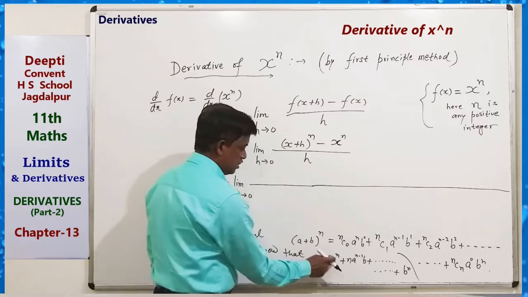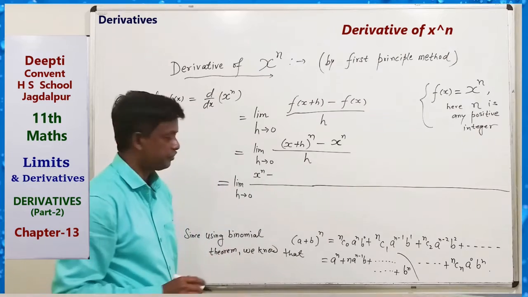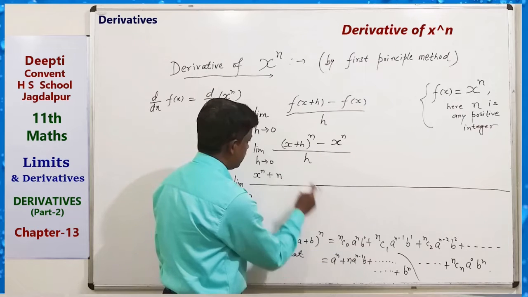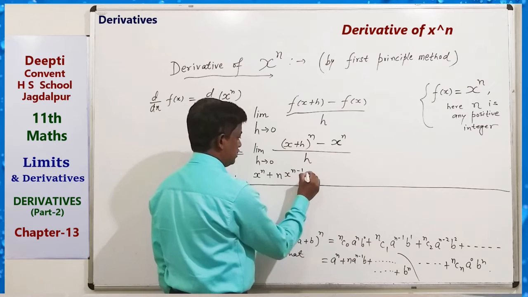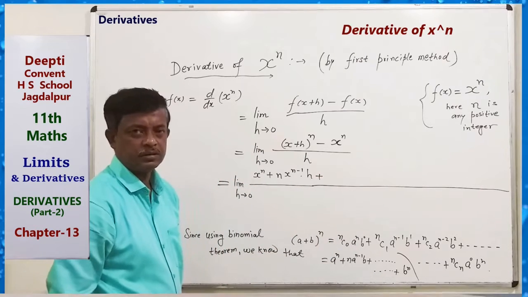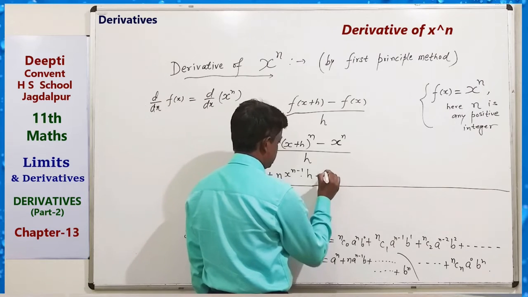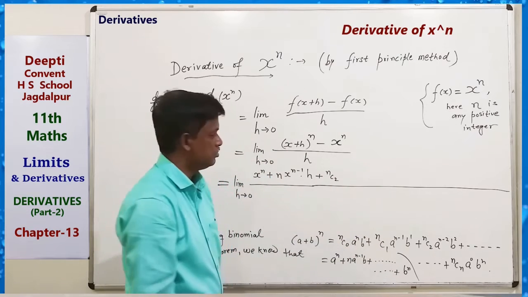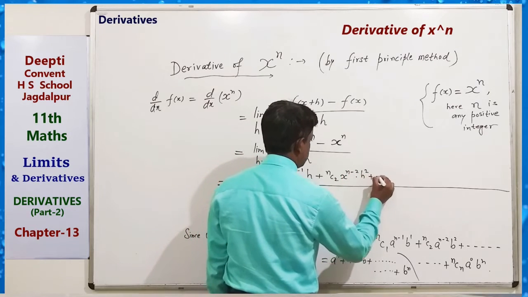So first a to the power n; a means x, so x to the power n, plus n x to the power n minus 1 h, plus nC2 x to the power n minus 2 into h square, plus and so on.